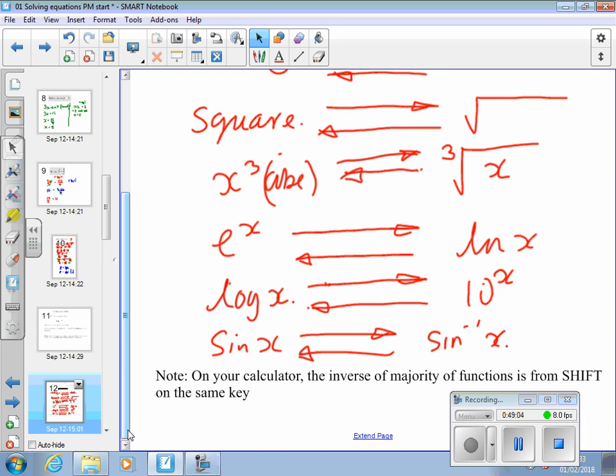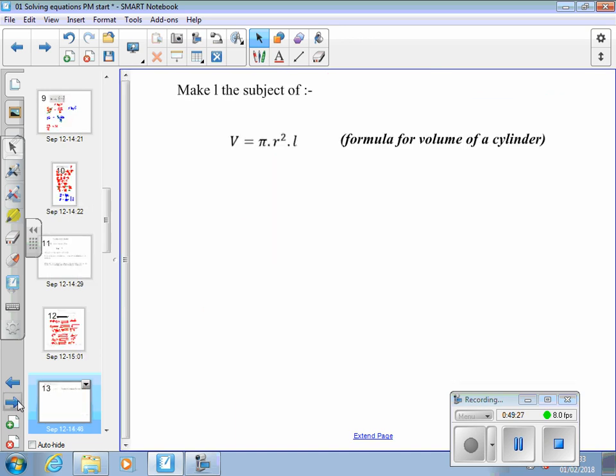So they are the key mathematical opposites that you'll be using to manipulate equations and do algebra. Again, you cannot get enough practice at these.